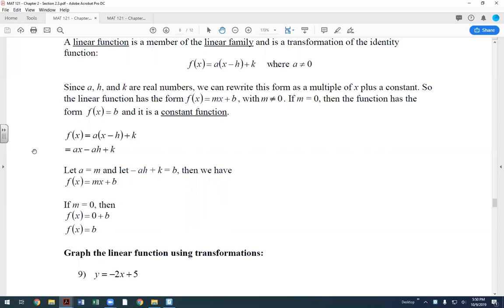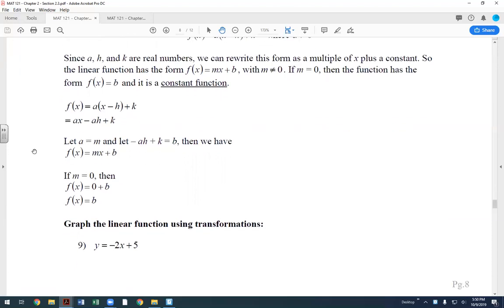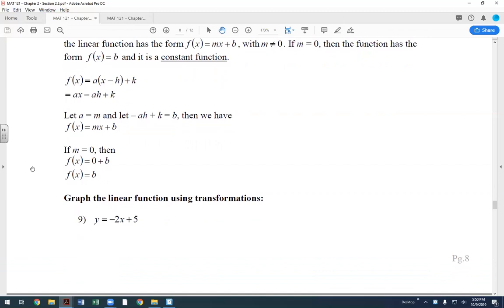I can replace that a with the letter m, my slope, and you basically went from the transformation form into the slope-intercept form. So anytime you look at equations for a linear family of functions, they are all going to end up looking like this, because once you clean them up, there's really nothing else left to show the transformation happening. So, obviously, they're asking us to use transformations to graph this function.